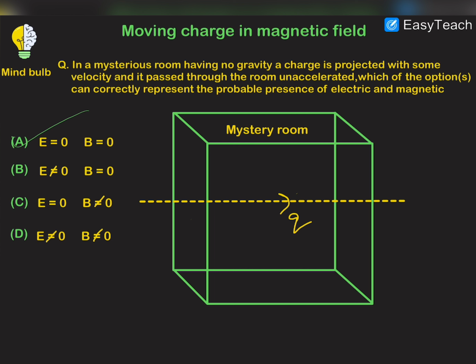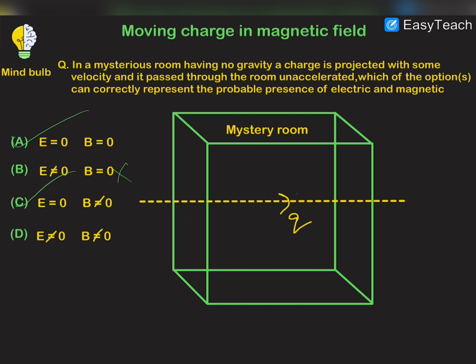B option could not be the case, because if there is presence of electric field only, then this charge would experience an electric force, and therefore its acceleration would not be 0. C option can be the case, because if electric field is 0 but magnetic field is along the direction of velocity, then magnetic force would also be 0, so the charge would pass through the room unaccelerated.